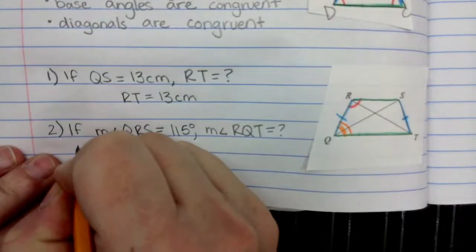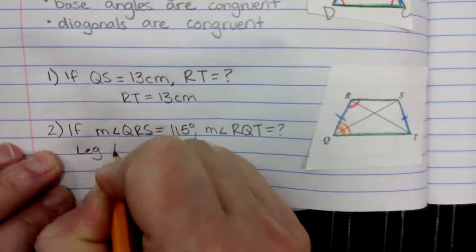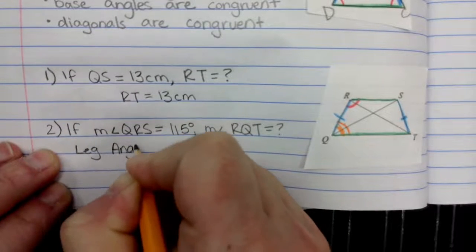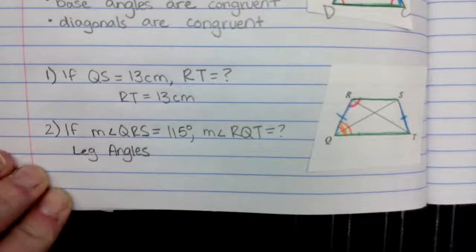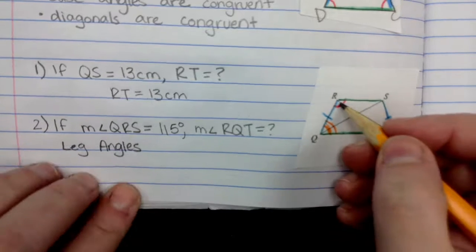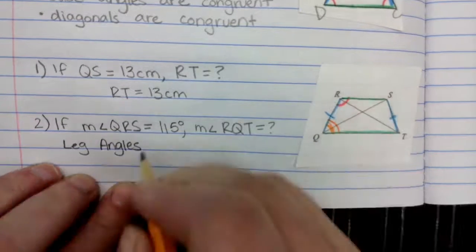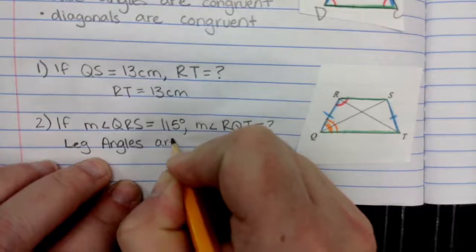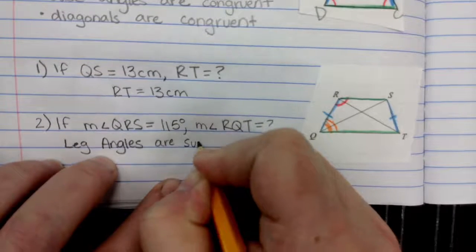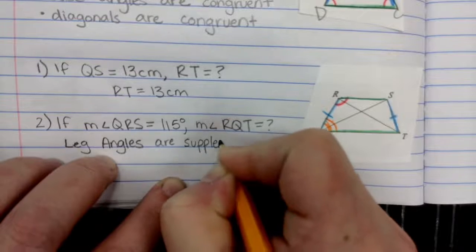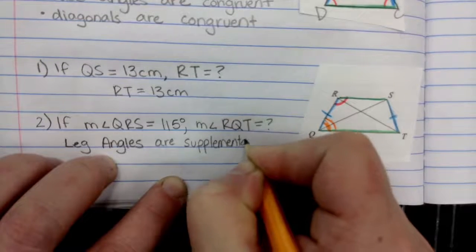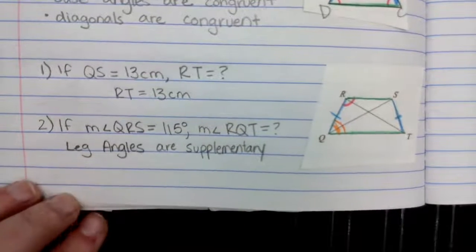So leg angles that are next to each other and they share a leg are supplementary. And what does supplementary mean again? Add up to 180. This is what I was trying to say earlier, but I messed it up. So how am I going to find the measure of angle Q if I know that R is 115 degrees?